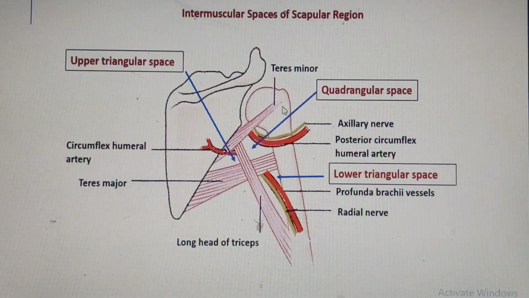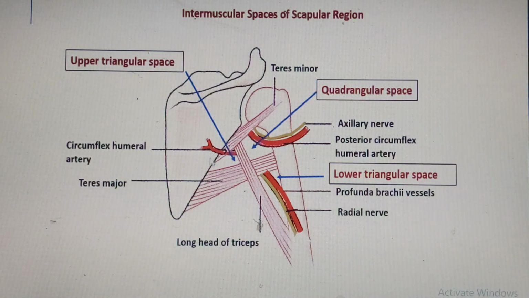It is bounded superiorly by teres minor, medially by the tendon of the long head of triceps brachii, inferiorly by teres major, and laterally by the proximal aspect of the humerus. The contents, importantly, are the axillary nerve as well as the posterior circumflex humeral artery.